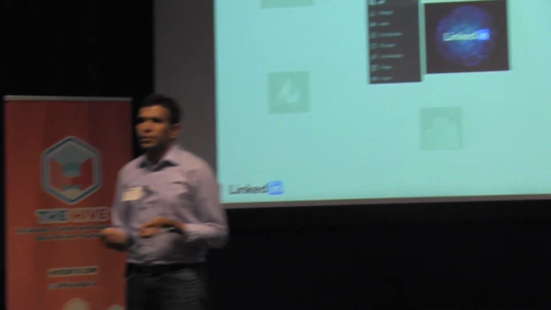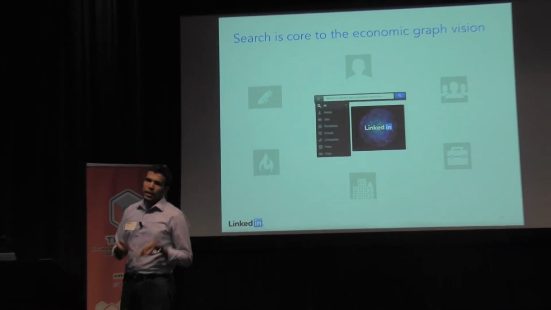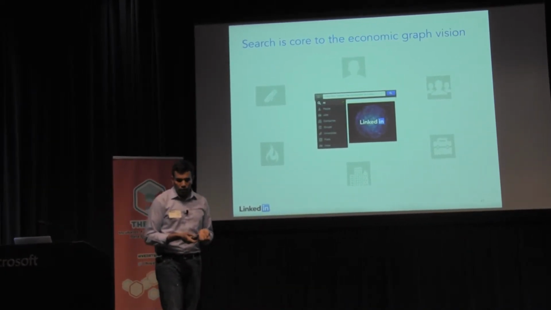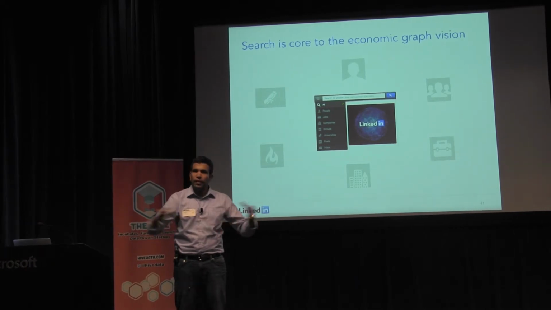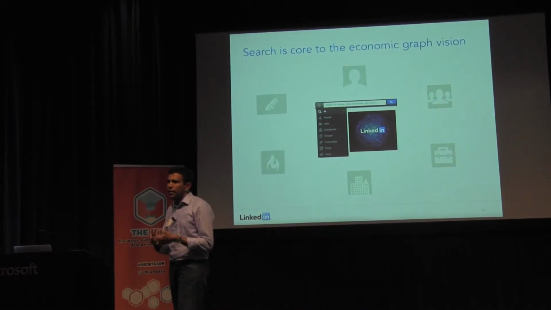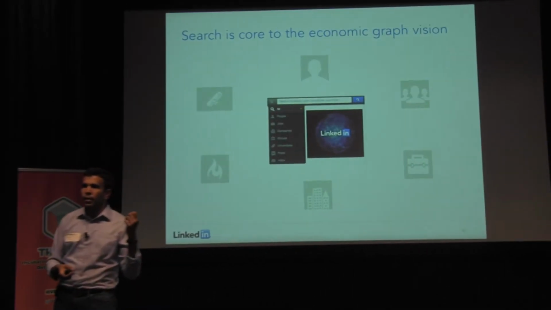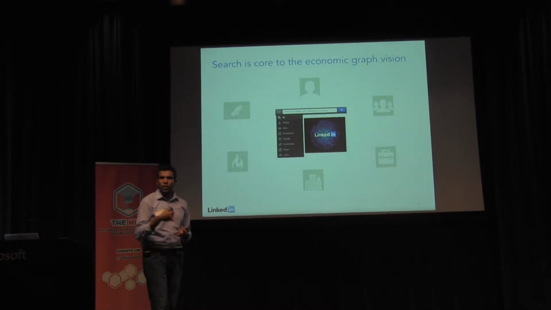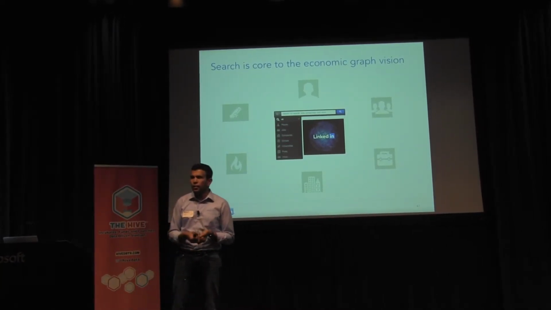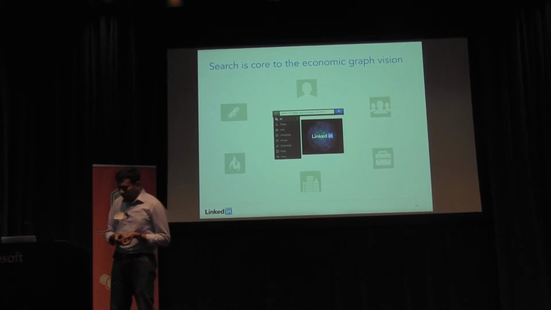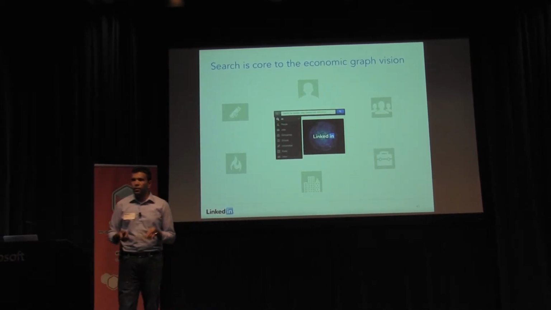And search happens to be a core part of this economic graph vision. Because if you're talking about a billion node graph with all of these entities in it, with all of these complex connections between these entities, like the connection between you as a professional and your university, the company that you work at, and the skills that you have, it's going to be a challenge to traverse a billion node graph without search.